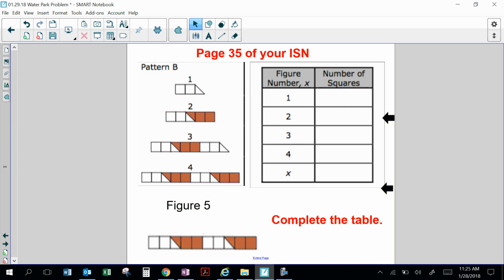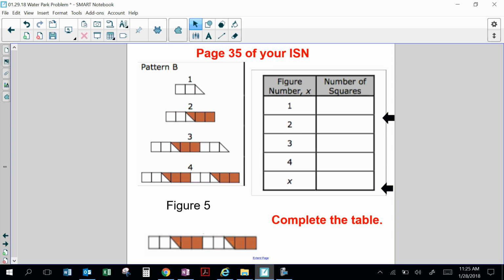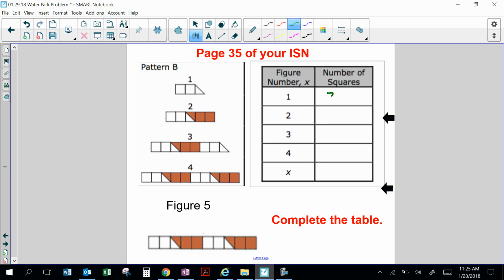In this one, you're going to find the equation, and you're going to tell me what the constant rate of change is. So in figure number 1, how many squares do you see? I see 1, 2, 2.5. Figure number 2, I see 1, 2, 3, 4, 5 whole squares. In figure number 3, I see 7.5.